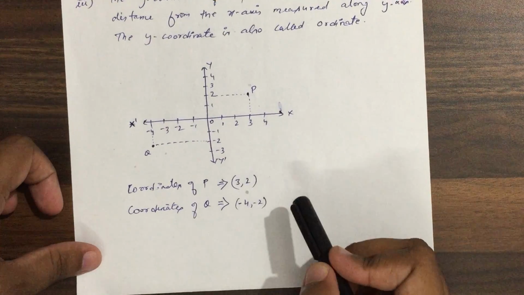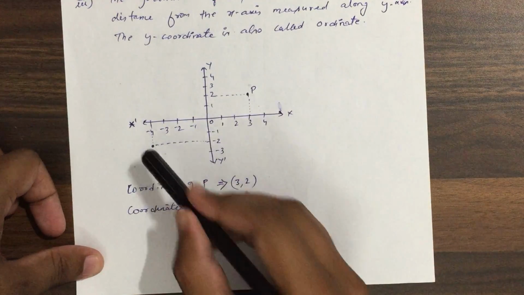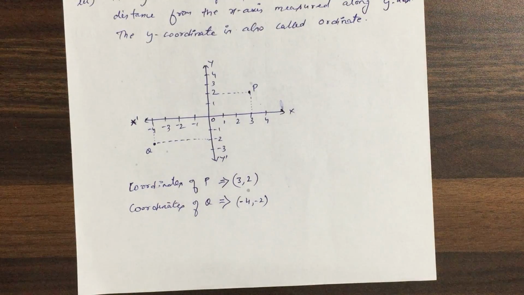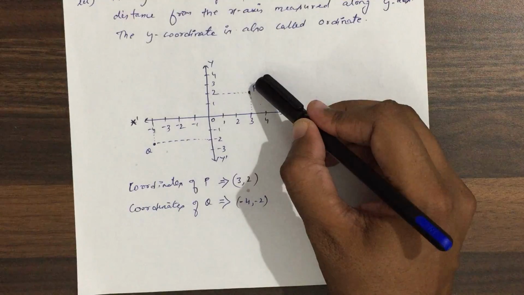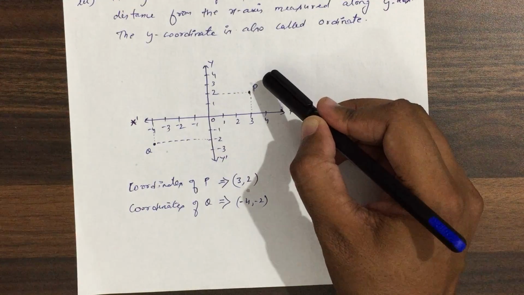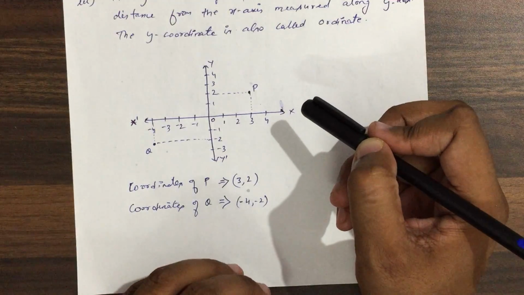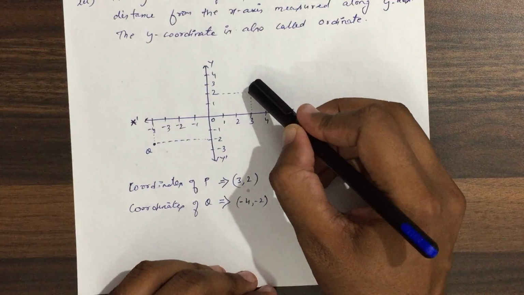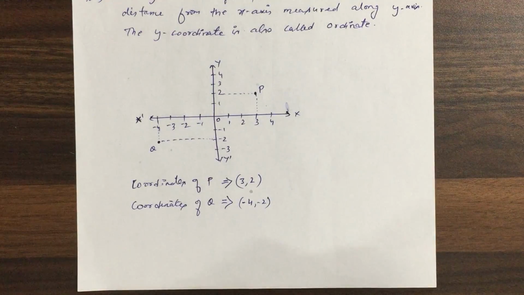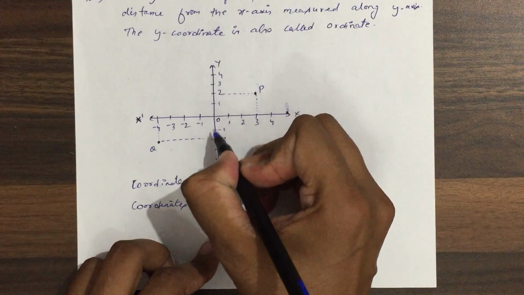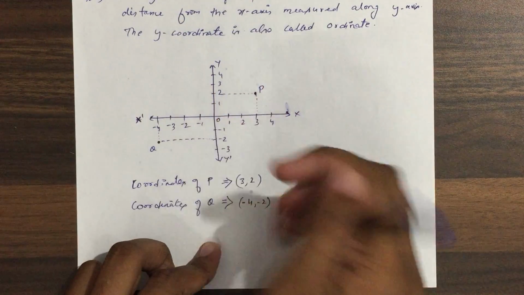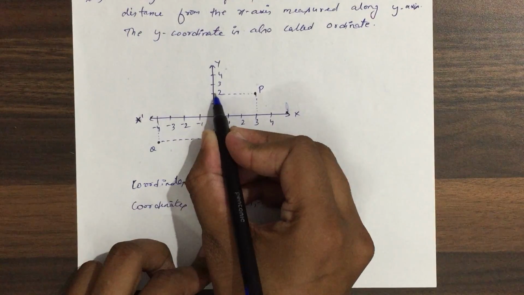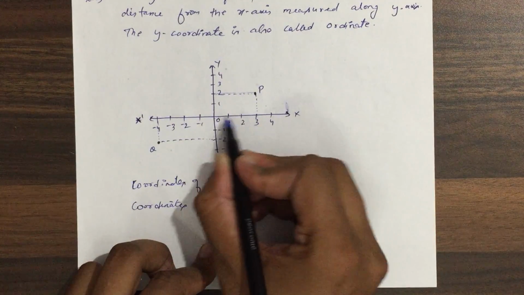Look at this example. Suppose this is point P and this is point Q. You want to locate the position of the points. We want the coordinates of point P. It has two coordinates, x and y. The x coordinate is the perpendicular distance from the y-axis, so this distance is 3.